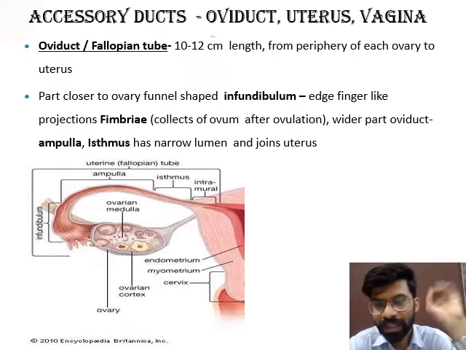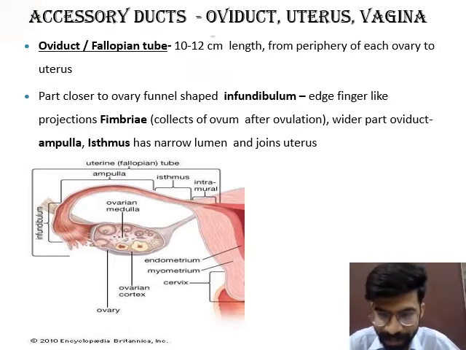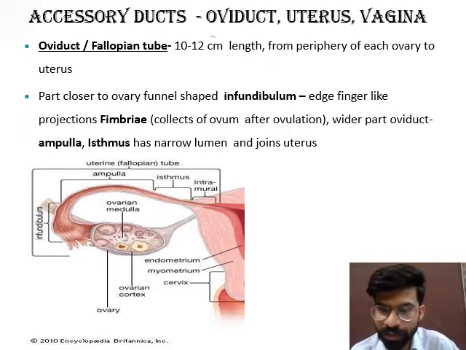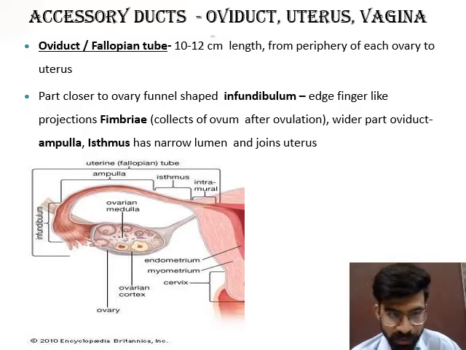Accessory ducts are the ducts that provide the passage for the transfer of gametes. In females, the accessory ducts are the oviduct, uterus and vagina. Oviduct is the fallopian tube. The fallopian tube is about 10 to 12 centimeters in length, and it starts from the ovary and joins with the uterus.